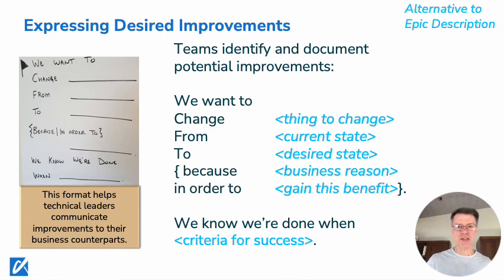We want to change the thing we want to change from the current state to the desired state because of a business reason or in order to gain a benefit. And we know we're done when there's a certain criteria for success. And this format helps technical leaders communicate improvements to their business counterparts.